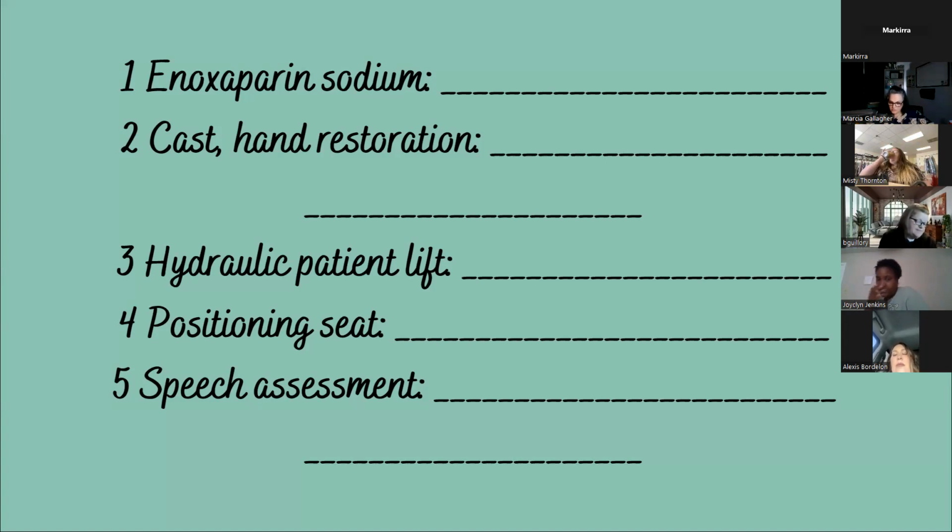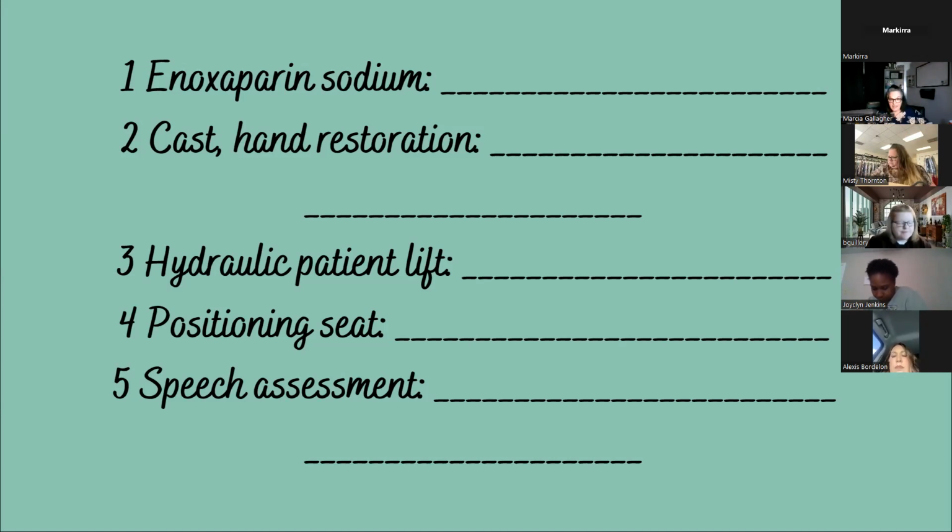Okay, E0630. Jocelyn, does it give you a description of the code? It's a patient lift, hydraulic or mechanical, includes any seat, sling, strap or straps, or pad or pads, plural.